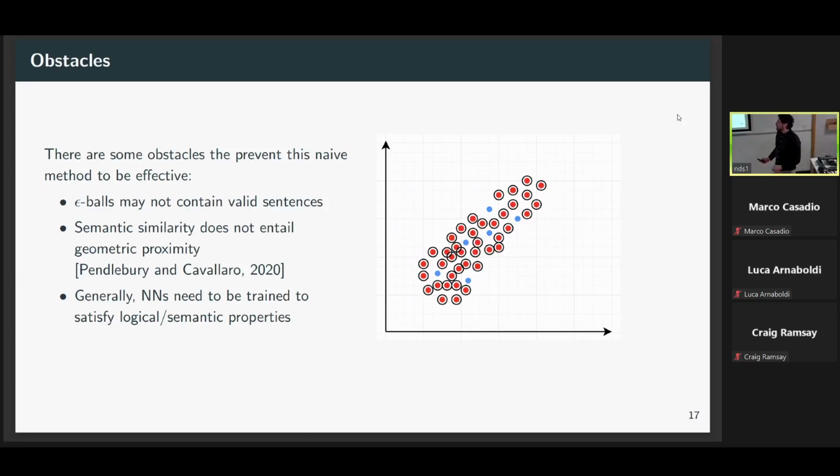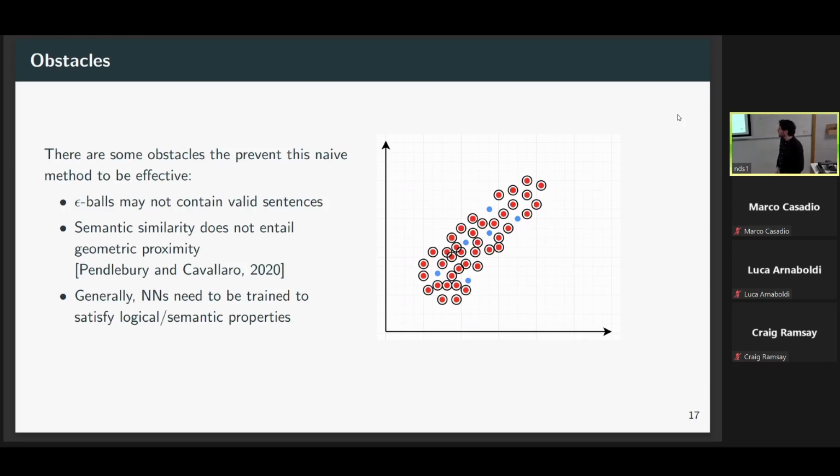Furthermore, semantic similarity does not entail geometric proximity. That means that if you have two sentences that are similar, like are you robot, are you chocolate, when they get embedded, they might not be close together in the embedding space. And this is a property of the embeddings.